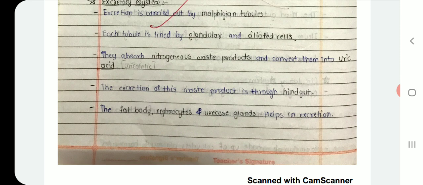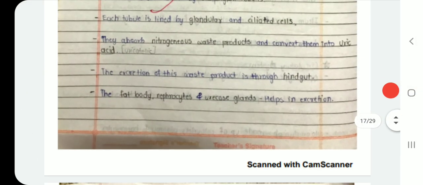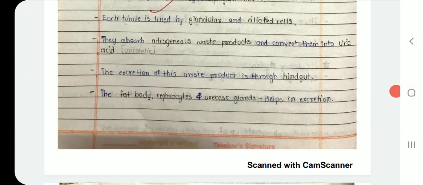So ammonia, uric acid, and urea are the three nitrogenous wastes, and based upon the type of waste, the animals are divided into groups, right? As the cockroach excretes nitrogenous waste in the form of uric acid, the cockroach is said to be a uricotelic organism.